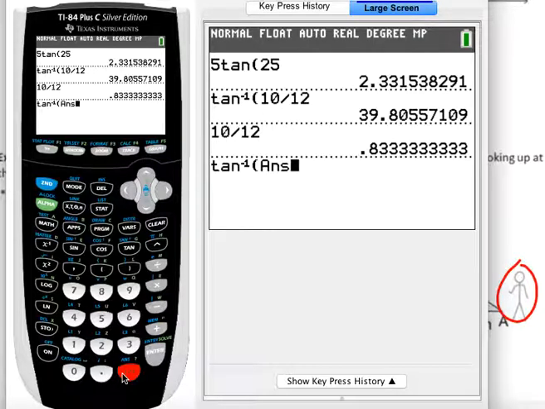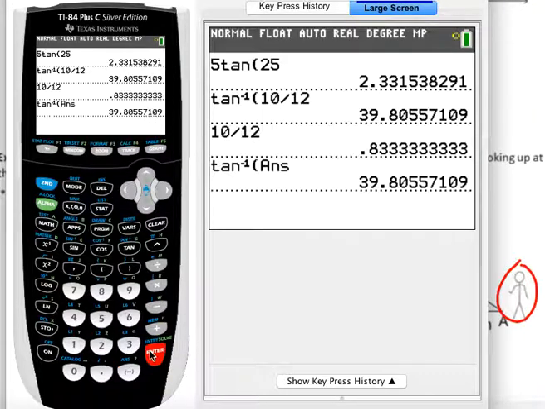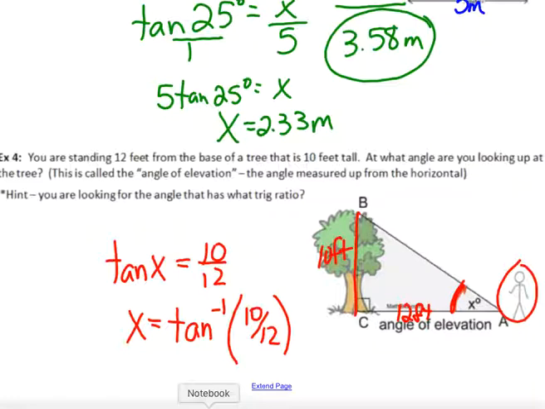Or a lot of calculators you can arrow up and take that answer and plug it back into there. So I get that same answer of 39.8 degrees. So my answer for this is this angle is 39.8 degrees.